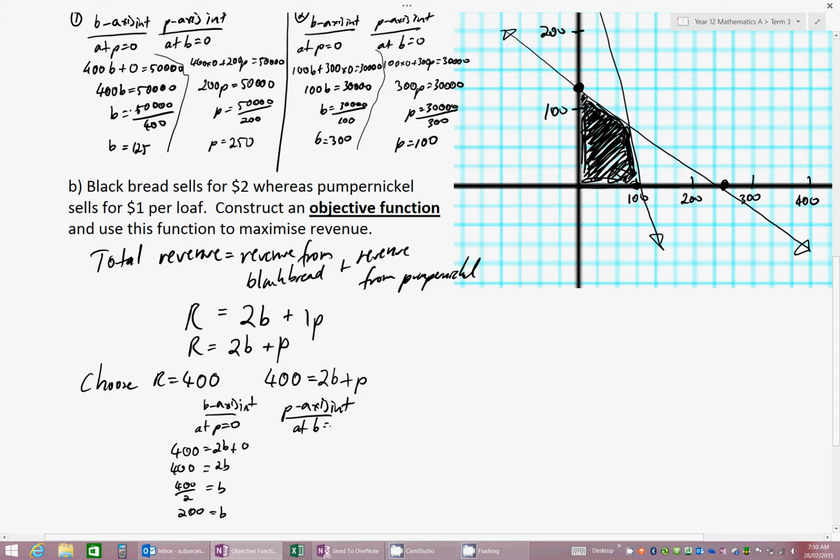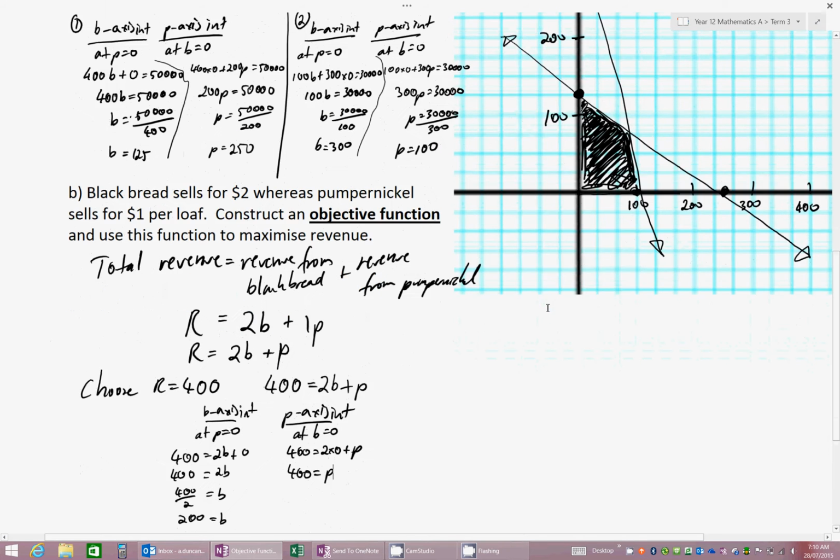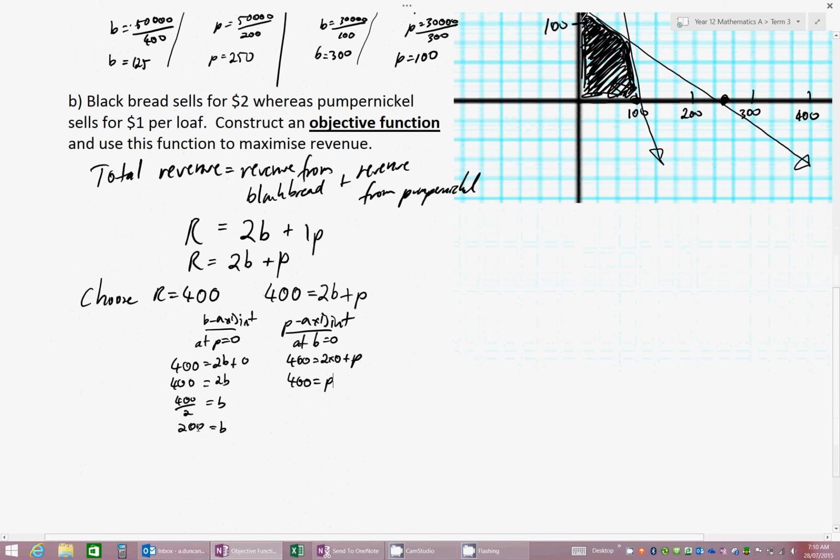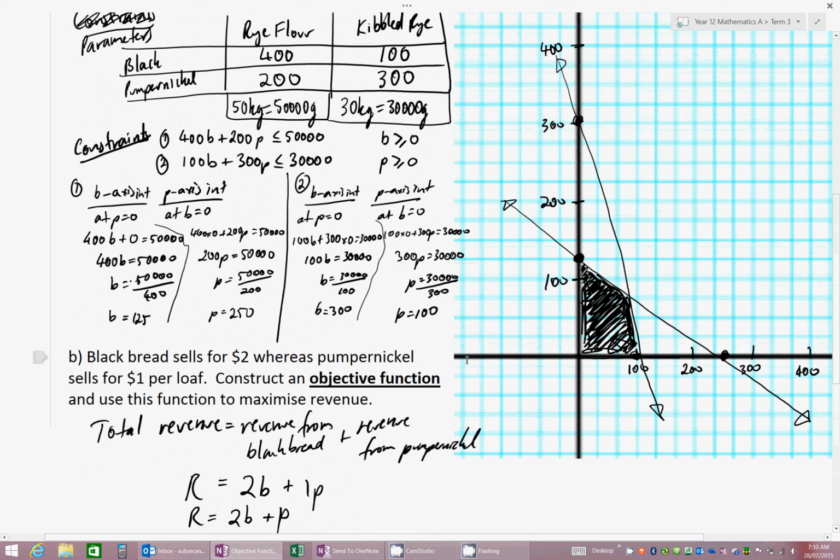The P-axis intercept is when B equals 0, giving P equals 400. Alright, so I'm going to sketch this objective function on that same set of axes. So we've got B equals 200 and P equals 400.